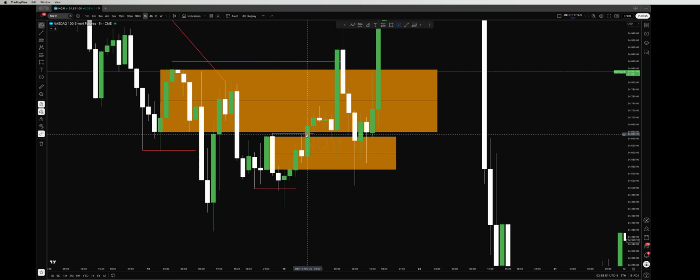That means you have a market structure shift. If price comes down, this is the breaker that should be supporting price to send higher. See, this candle came here, wicked here, and then what happened? Went all the way above.